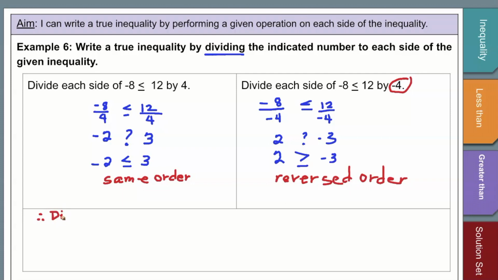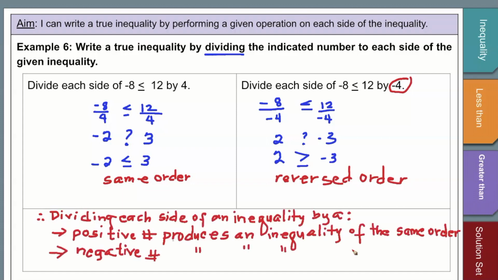Okay, the example shows that dividing each side of an inequality by a positive number produces an inequality of the same order, while dividing each side of an inequality by a negative number produces an inequality of reversed order.